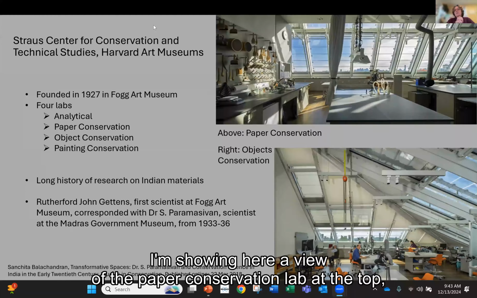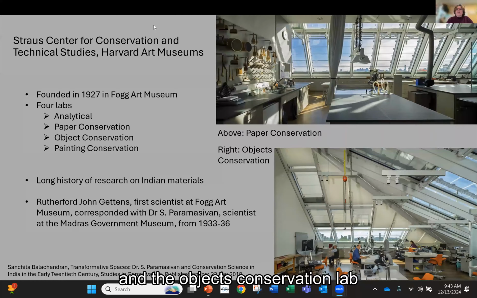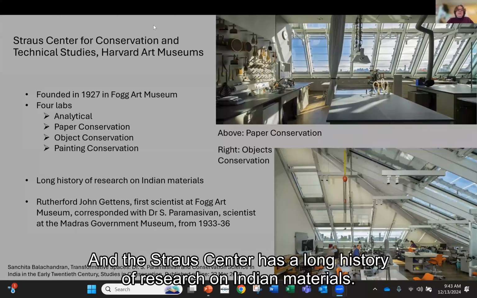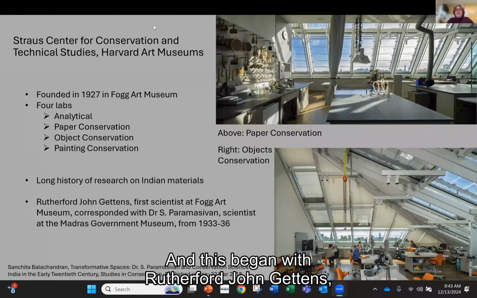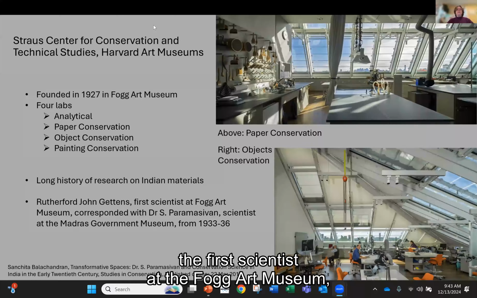I'm showing here a view of the Paper Conservation Lab at the top and the Objects Conservation Lab on the lower right, in the new building, which was renovated in 2014. There are 4 labs: analytical, which is my lab, paper conservation, object conservation, and painting conservation. The Straus Center has a long history of research on Indian materials. This began with Rutherford John Gettens, the first scientist at the Fogg Art Museum, who corresponded regularly with Dr.